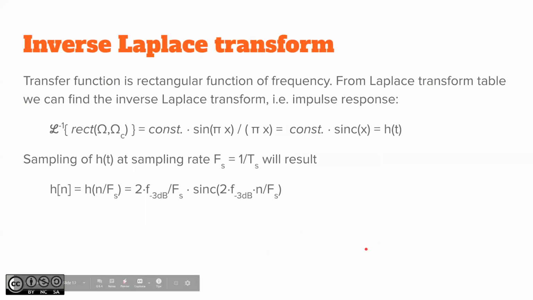And when we take the inverse Laplace transform, which is probably something you have done in engineering mathematics already, the rectangular window will end up being some constant times sine of pi x divided by pi x, which is defined as the function sinc x.